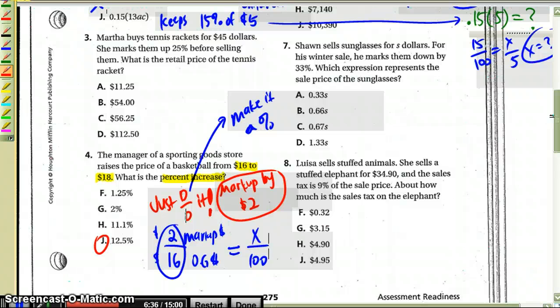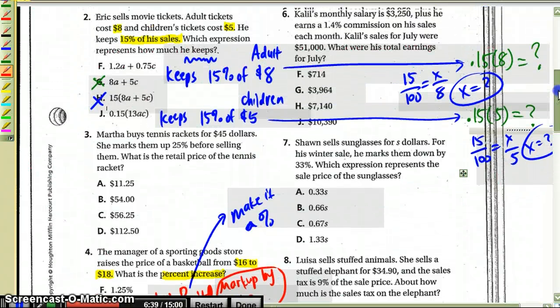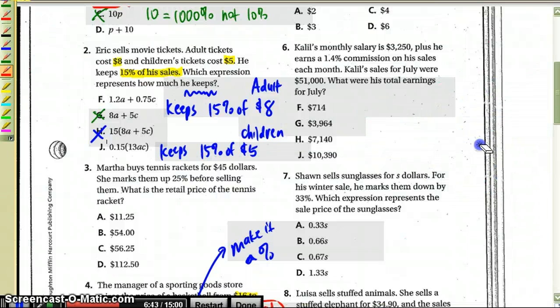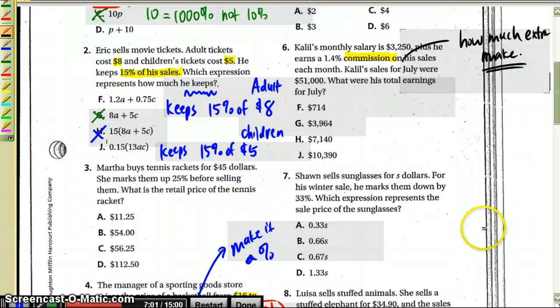For number 6, another difficult question. The word commission. A commission is how much extra that you get to make based on your sales. So if you're a good salesperson and you sell a lot, then you get a percentage of that.